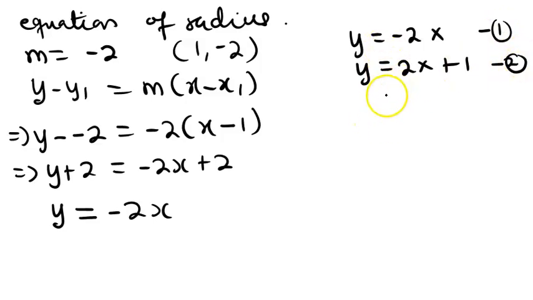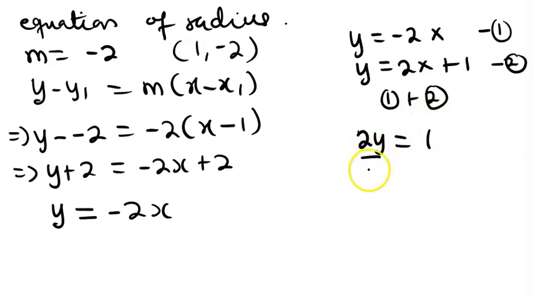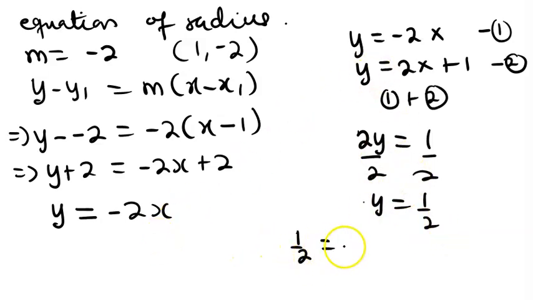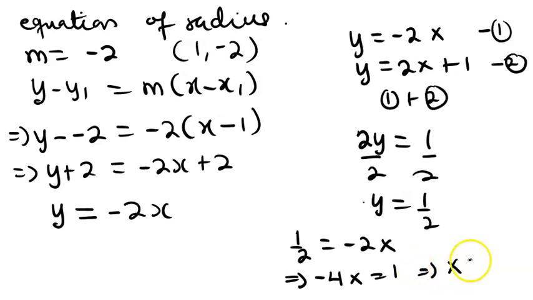Now to solve it, let's add the two equations. When you add them, we have 2y = 1. So divide both sides by 2: y = 1/2. Now we put this back: 1/2 = -2x. So this implies that, cross multiplying, -4x = 1, so x will now be -1/4.